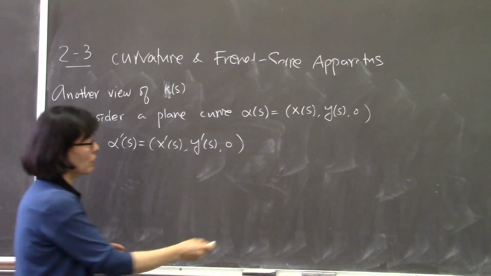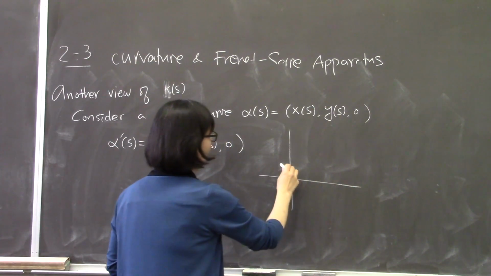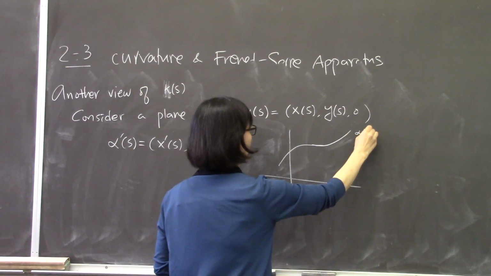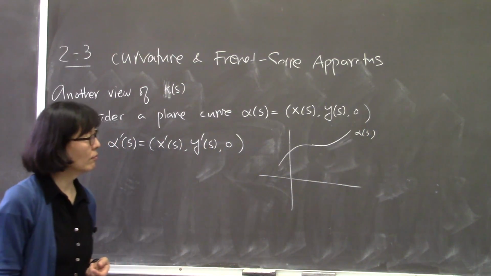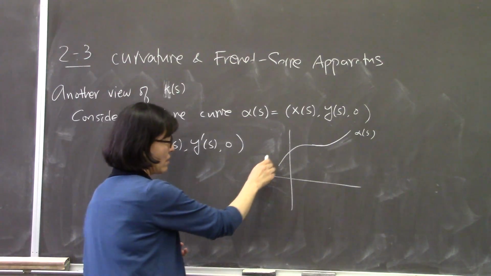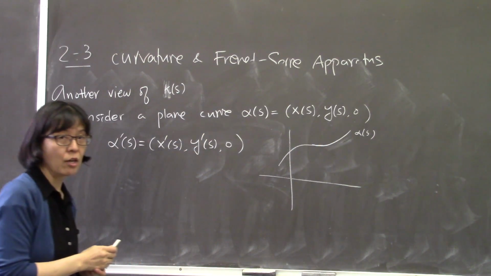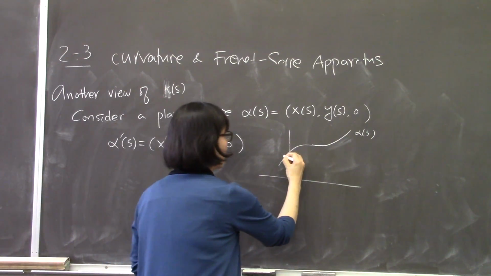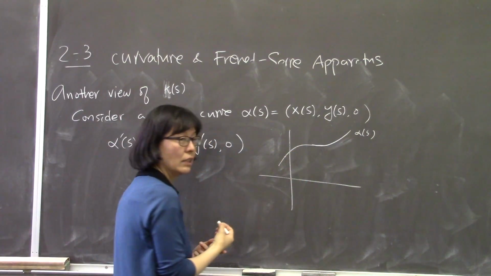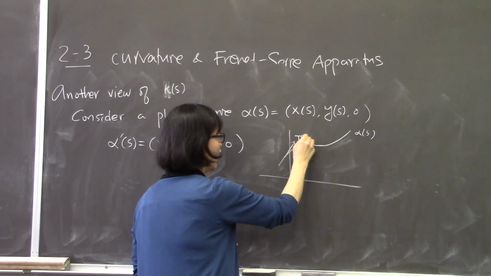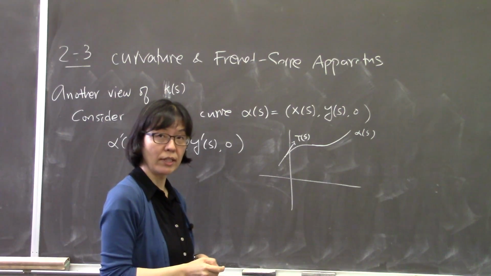If you graph it like that, at each s along the curve, we are going to define something out of it. If you select that point, at this point we have a tangent vector, the derivative of alpha, right?